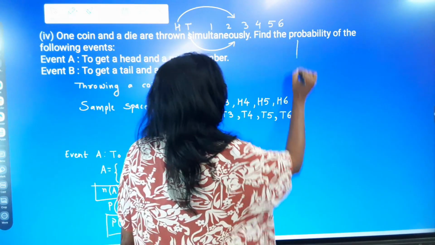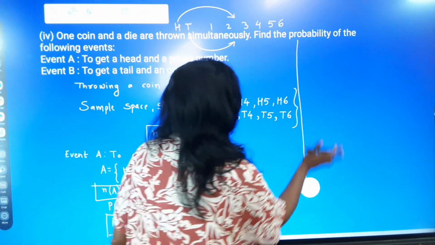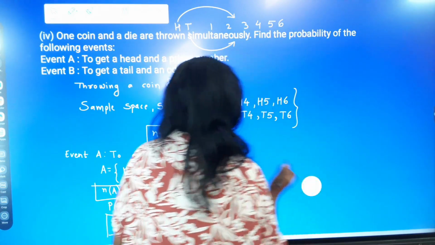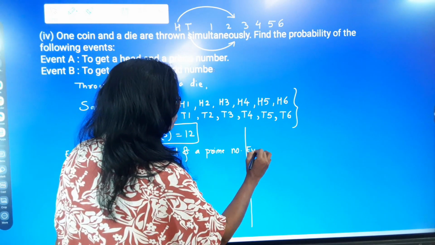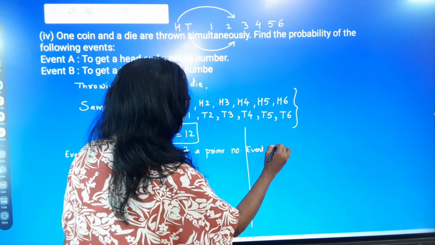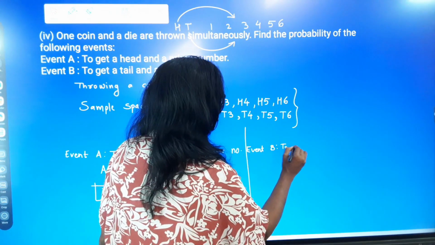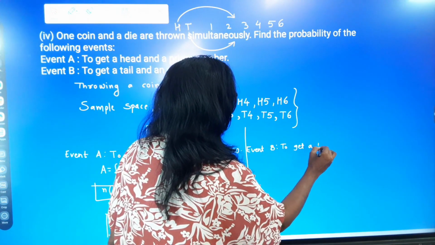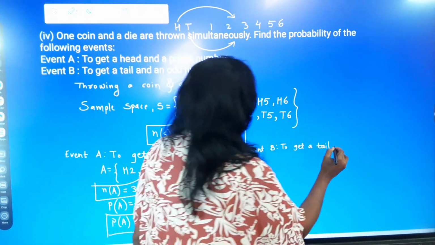Then the second one, event B, is to get a tail and an odd number.